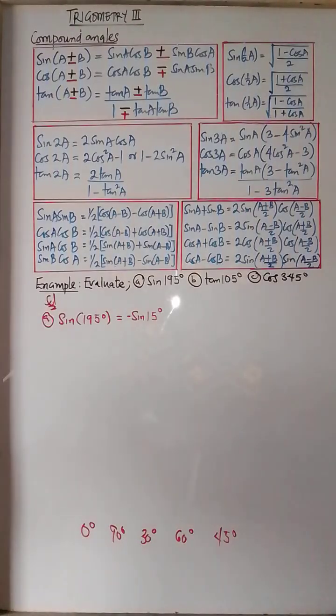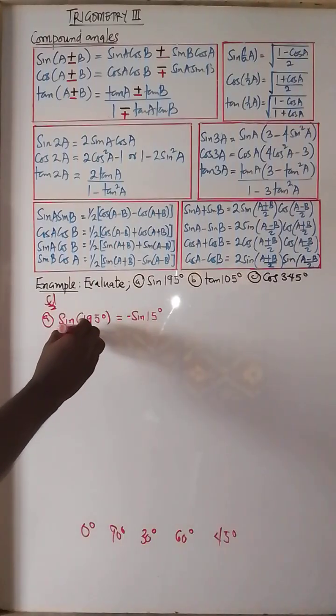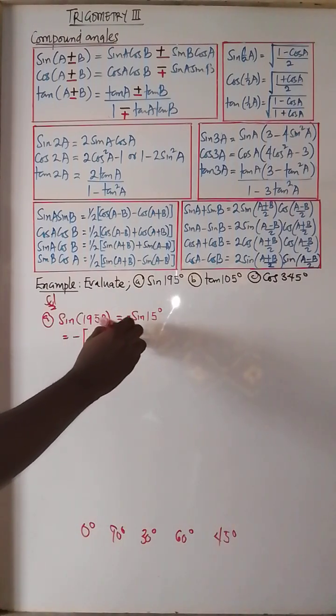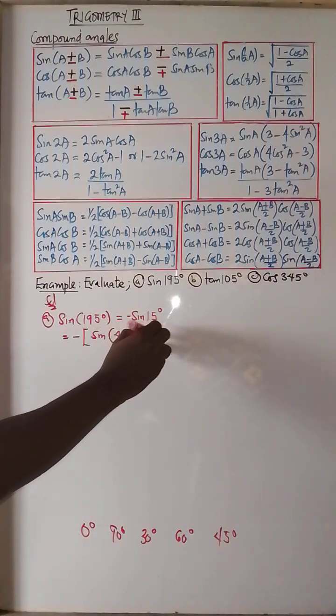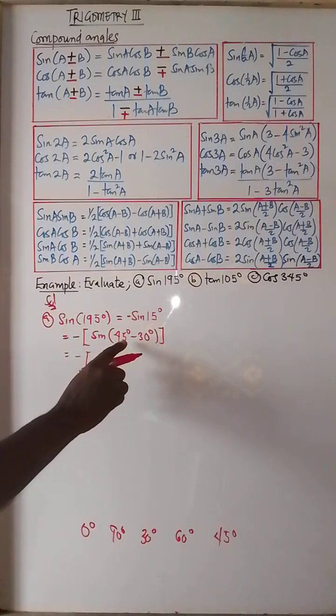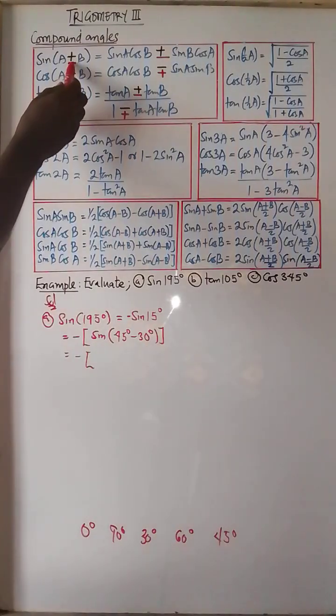So this is the same thing as writing minus sine of 45 degrees minus 30 degrees. What next? A minus B. What is sine A minus B?